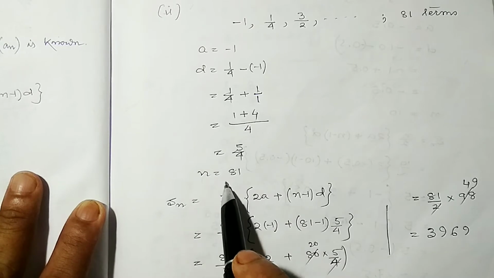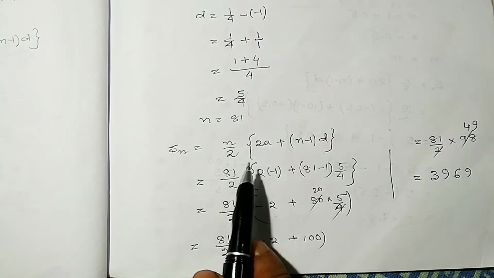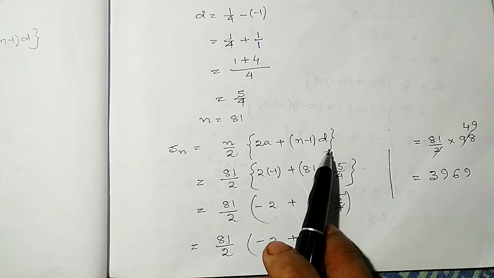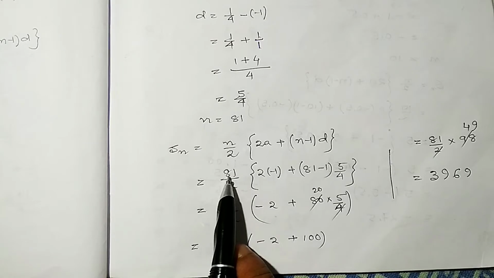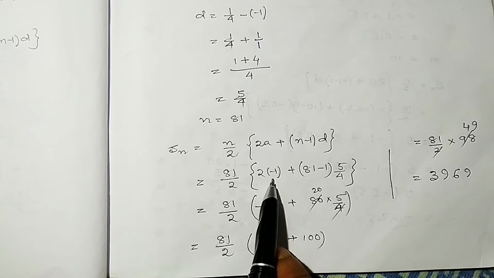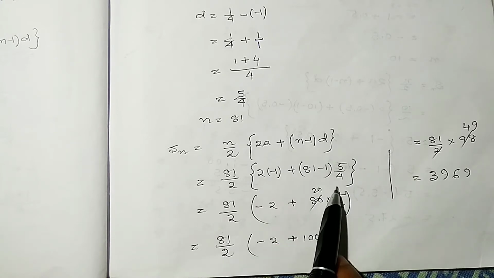The number of terms given in the question is 81. The sum formula is n by 2 into twice a plus n minus 1 into d. Here n is 81, so the next line will be 81 by 2 into twice a, where a is minus 1, n minus 1 is 81 minus 1, and d is 5 by 4.